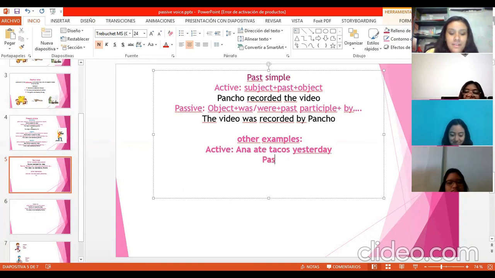In passive voice, the object here is tacos. Tacos were, were, plural.